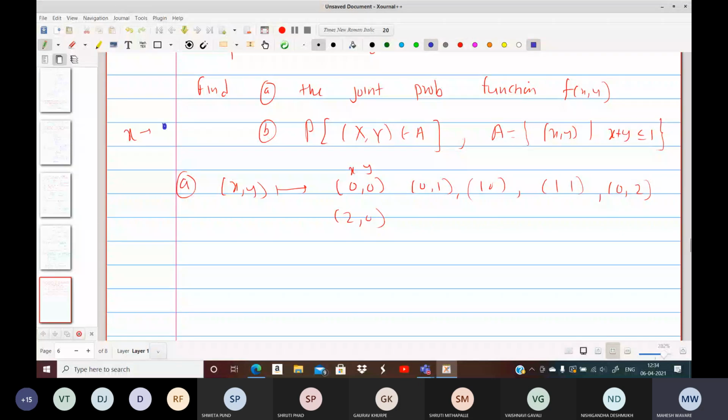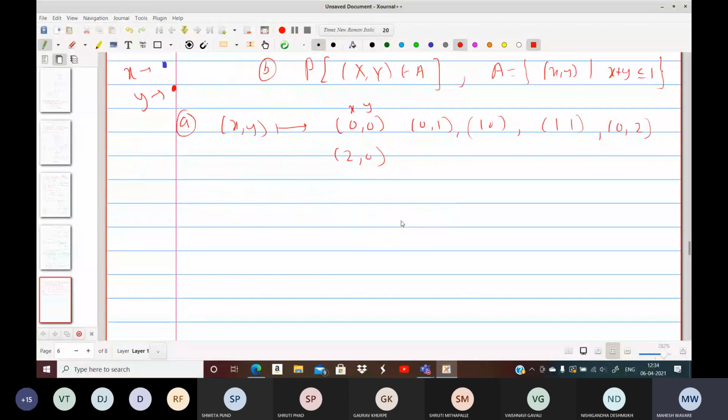What we want to do is prepare the joint probability distribution f of x, y. The x value can be 0, 1, or 2, and the y value can be 0, 1, or 2. So what we want to calculate, I will mention here, just preparing the table.